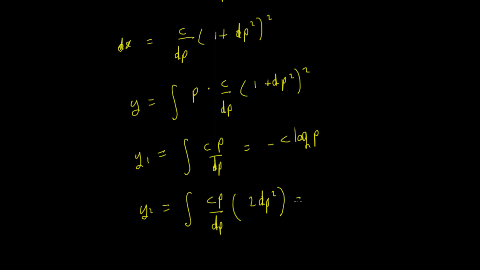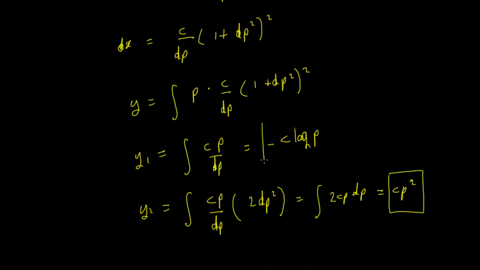So that is equivalent to the integral of 2cp dp, just cancelling out the dp's, which equals, with the 2 at the top cancelling out, cp squared. Okay, so that's the second part there.